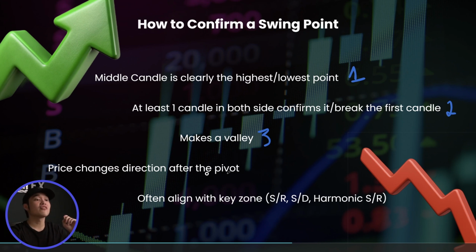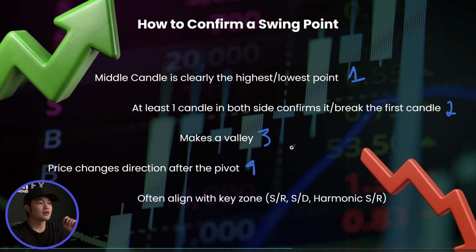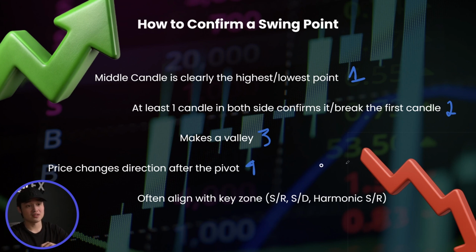Then number 4: price changes direction after the pivot. Here, after the pivot, the price should change direction. Okay, after it retraced. A retracement is the price making a bullish formation within a bearish move.